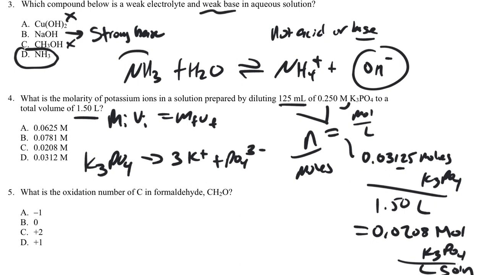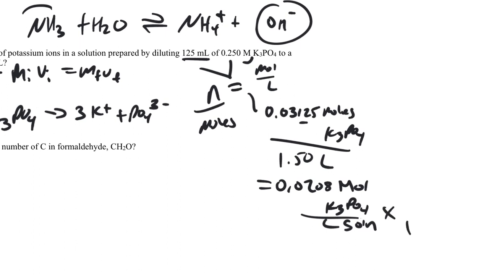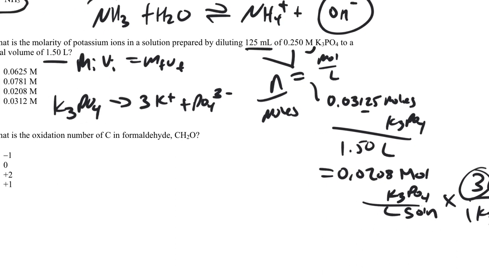So if I have roughly 0.02 moles of K3PO4 per liter of solution, you see how for every K3PO4 I get 3 K pluses. So I need to triple that molarity to get the K plus concentration.